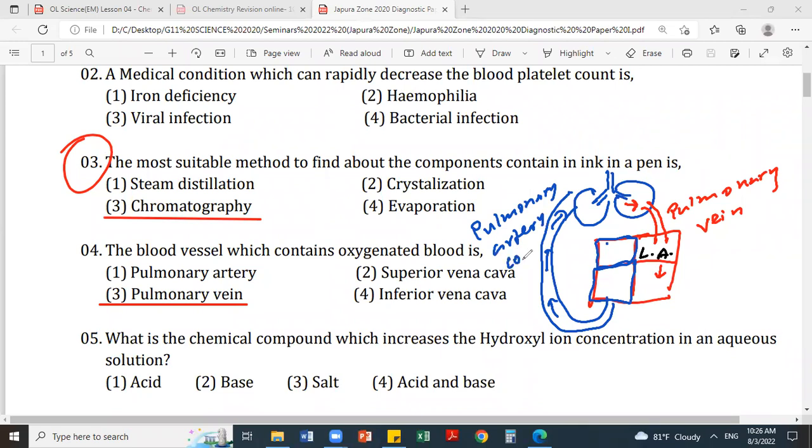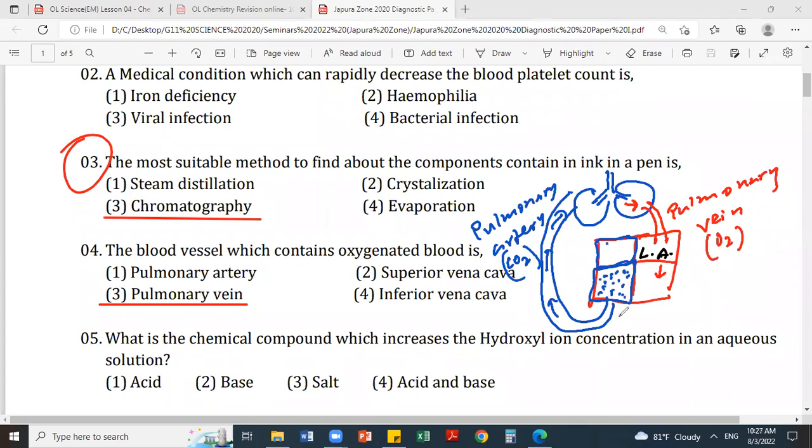More carbon dioxide, less oxygen. The pulmonary vein contains more oxygen, less carbon dioxide. So the circulation of blood through the lungs is called pulmonary circulation. Basically, what are the blood vessels connected to the lungs? The pulmonary artery and the pulmonary vein.